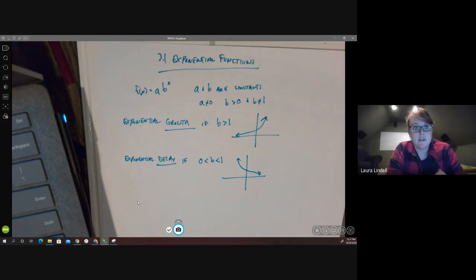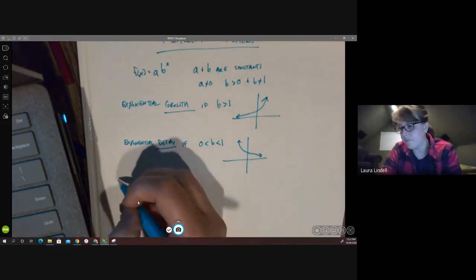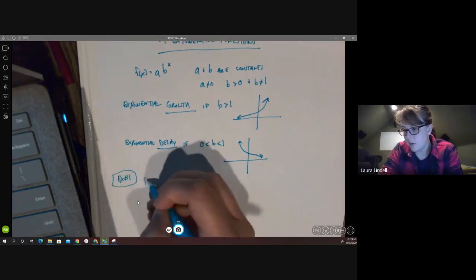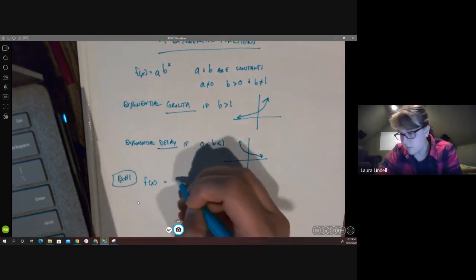So exponential functions don't change between increasing and decreasing. They're either increasing the whole time or decreasing the whole time. For example, we could have f of x equals 1/2 to the x.